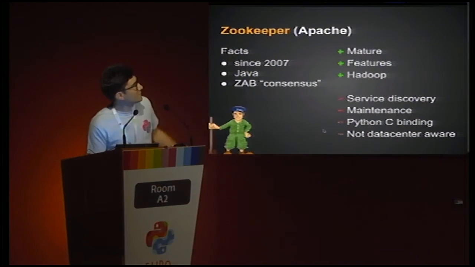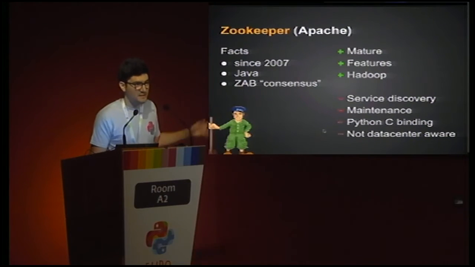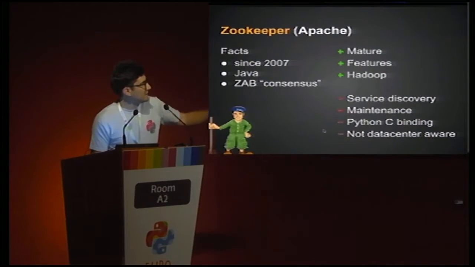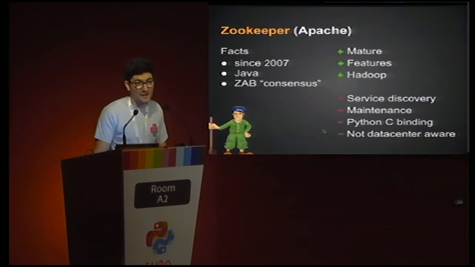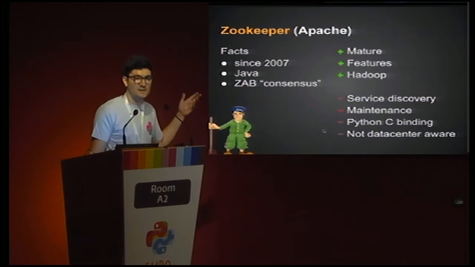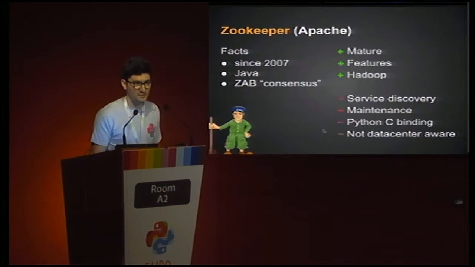It has some pretty interesting features, and it's mature since it's the oldest of the three technologies we'll cover here. When I say in the negative points that it doesn't provide service discovery per se, that's true, but we'll get back to it later as to how we can still use Zookeeper to achieve service discovery. What I mean by this is that it's not a built-in feature of Zookeeper.